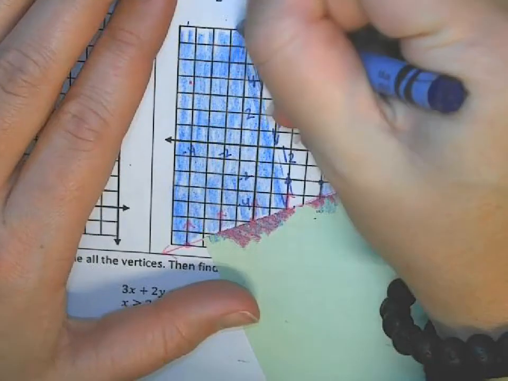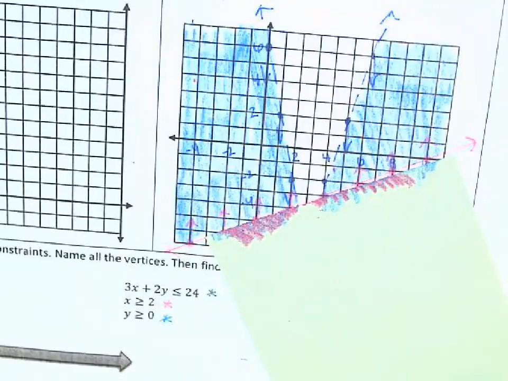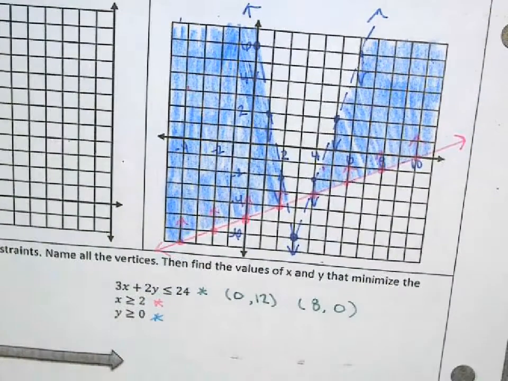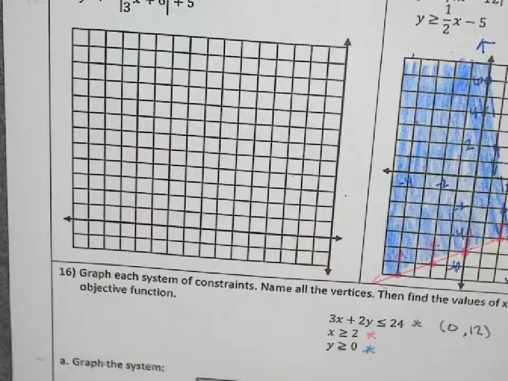A little bit. Post-it wasn't quite perfect, so I'm going to go back and fix that. There we go. There is my shading. We good? All right, number 14.